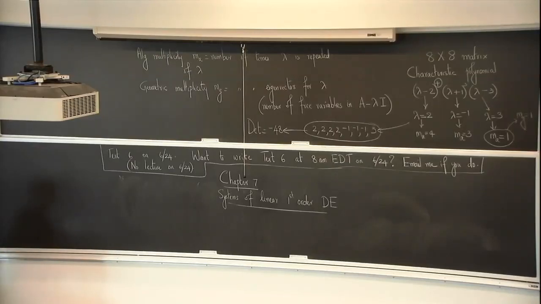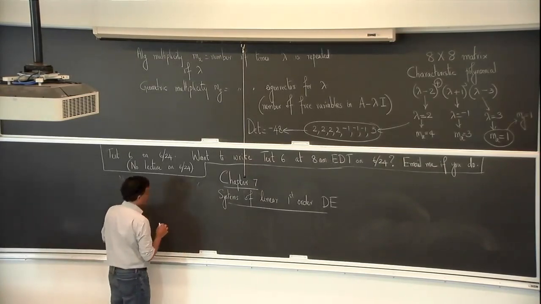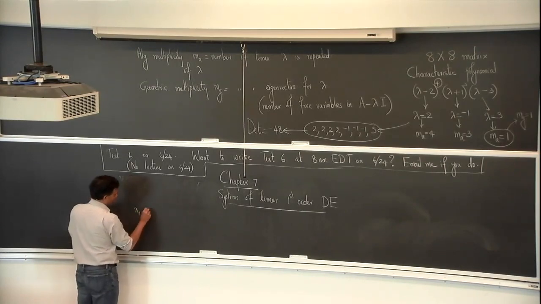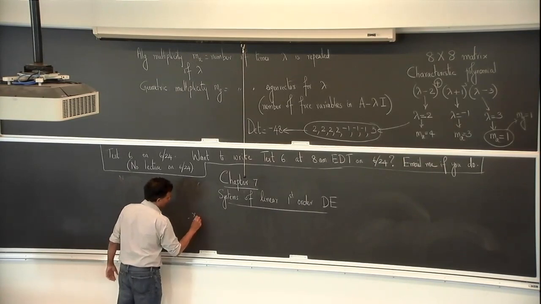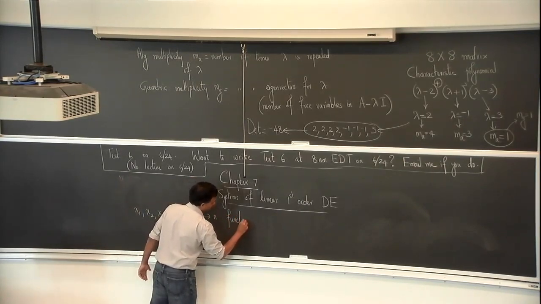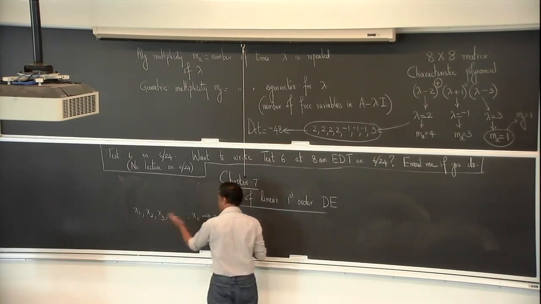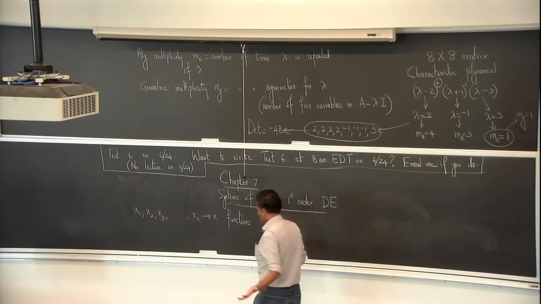So we started linear algebra by writing systems of just linear equations. These are systems of linear differential equations, and just to keep it simple, just first order. Okay. So suppose you have, say, x1, x2, x3, dot dot dot xn being n functions, and let all of these depend on some independent variable, say t, as a function of time.